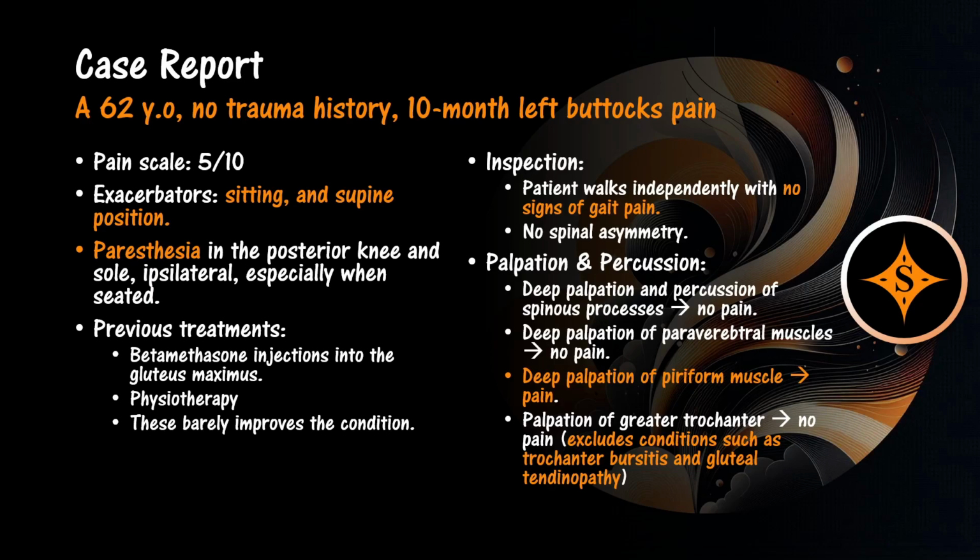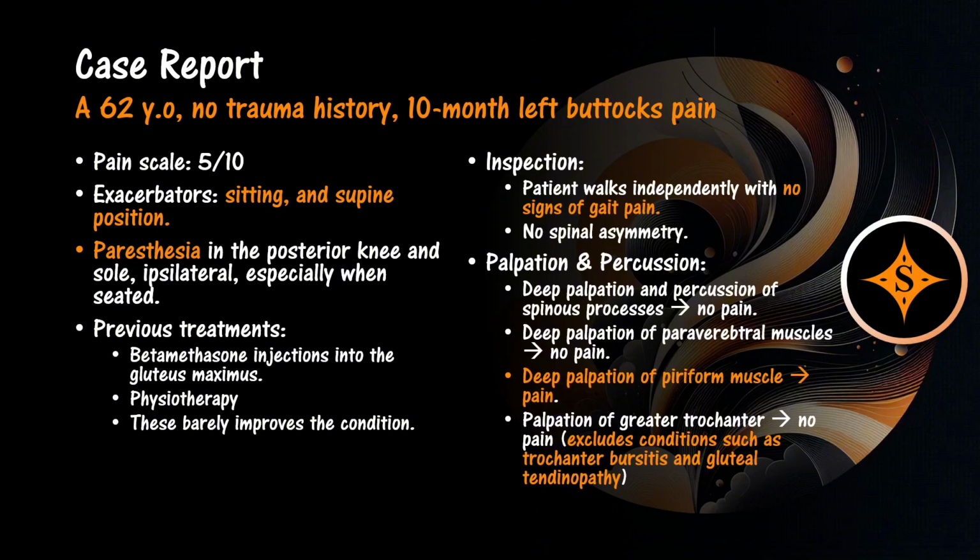Upon examination, visual inspection in this case revealed that there was no spinal deformity and her gait was normal, without any signs of pain elicited during walking. During palpation and percussion, deep palpation and percussion of the spinous processes of the vertebrae reveal no tenderness or pain.